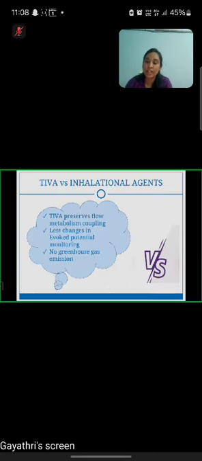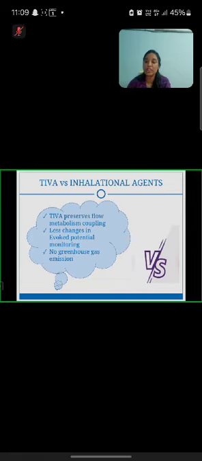So why not inhalational agents? In neurosurgery, inhalational agents destroy the flow metabolism coupling in a dose-dependent manner. At more than 1 MAC, they increase the cerebral blood flow and decrease the cerebral metabolic rate also. Thereafter it destroys the flow metabolism coupling, and in evoked potential monitoring, inhalational agents affect it by increasing the latency and decreasing the amplitude of the potentials.